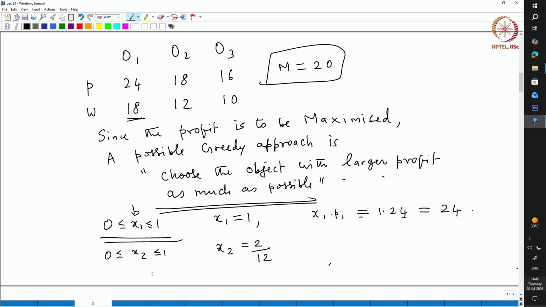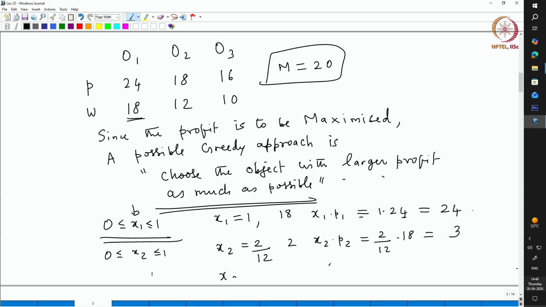Therefore, x2 times p2 is 2 by 12 times the profit 18, and that would be 3. Now this is taking 18, this is taking 2, therefore 20 is used up, the full capacity is used up.